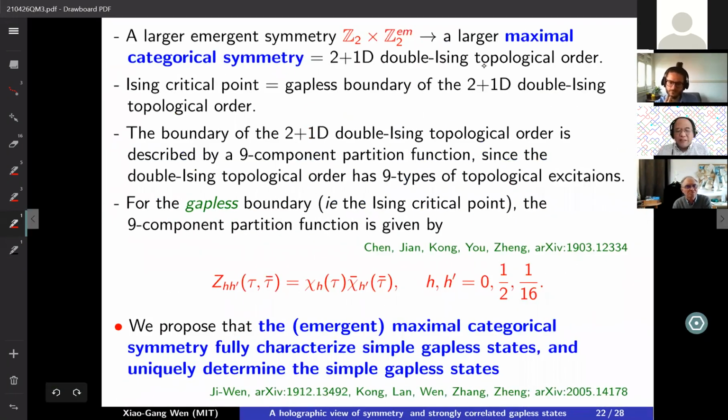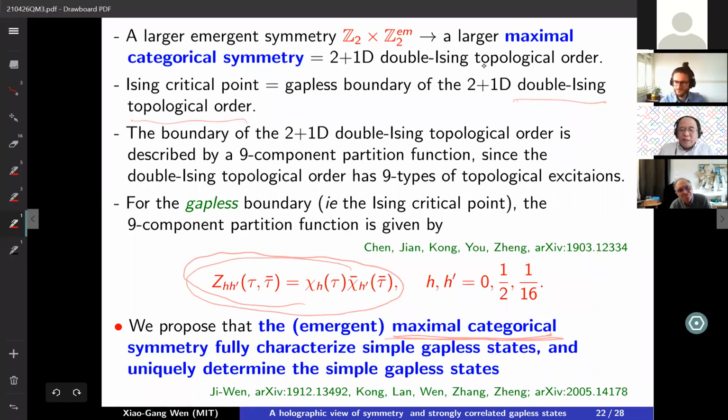We call it the maximum categorical symmetry, which actually is a double Ising model. It's a tensor product of Ising and the conjugate Ising model. We call it the double Ising category. And this one is better. I think the critical point of the Ising model is really characterized by this double Ising category, which is the maximum categorical symmetry.